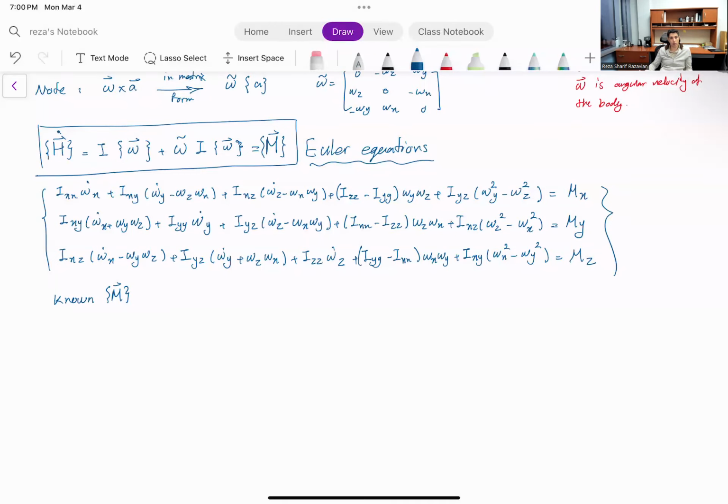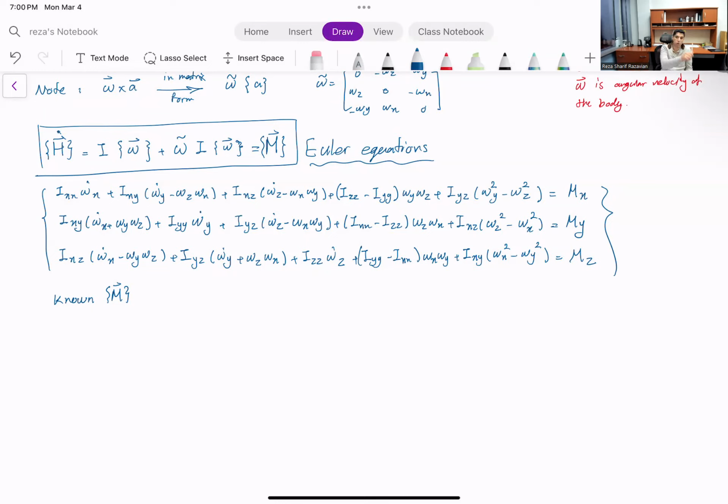Find the omegas, and use the equations that we had before to solve another set of ordinary differential equations to find orientations.